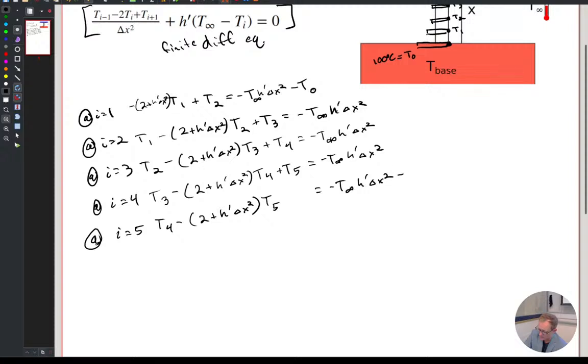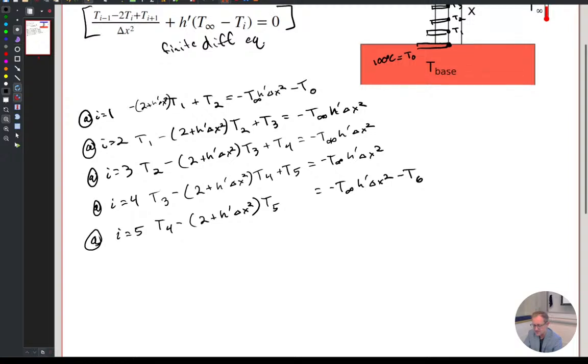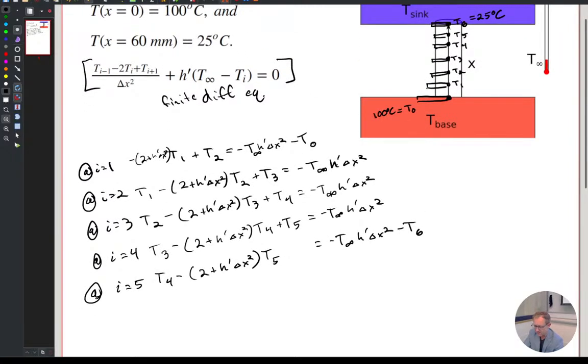I want to put it over here. So at the first boundary condition, up at the first equation, I had that minus T0 on the right-hand side. On this last one, I have this minus T6, or I can call them T base and T sink, right? T base, T sink.